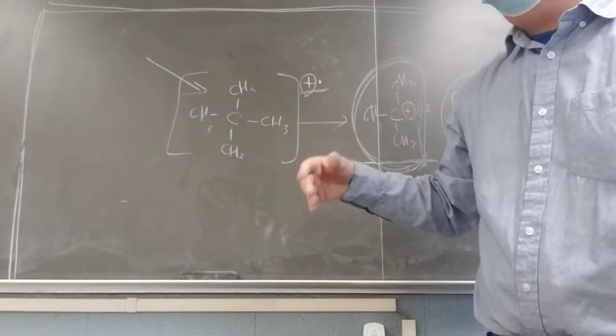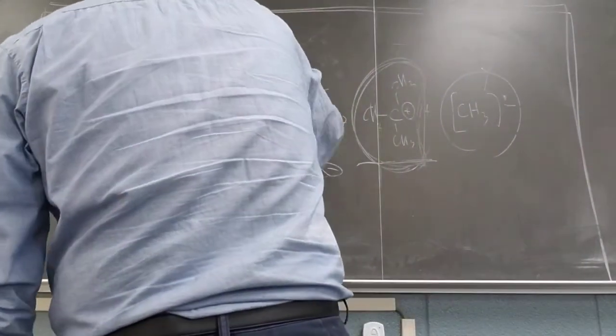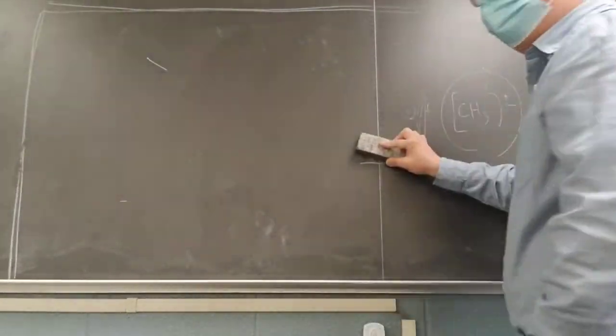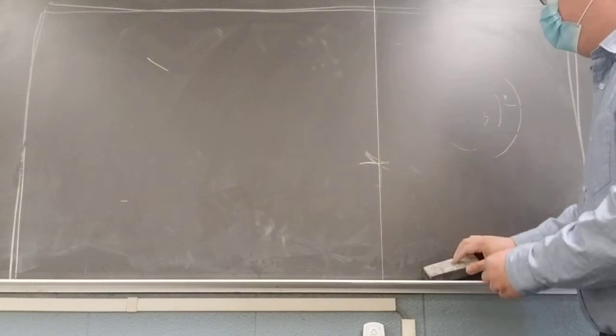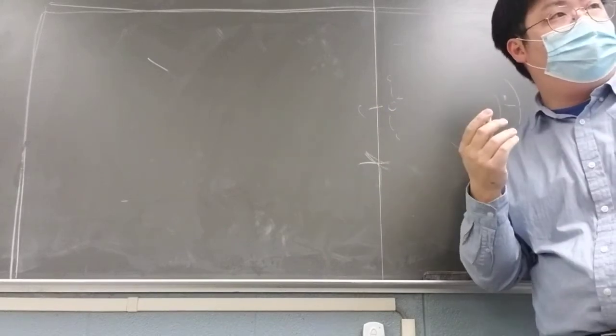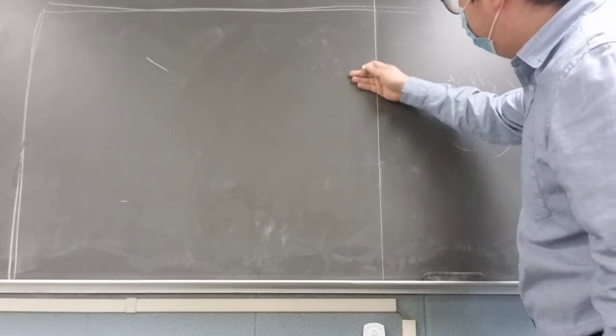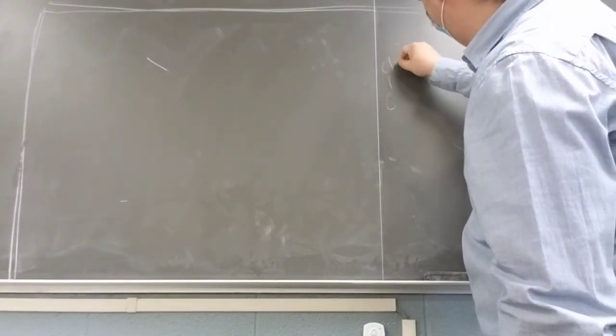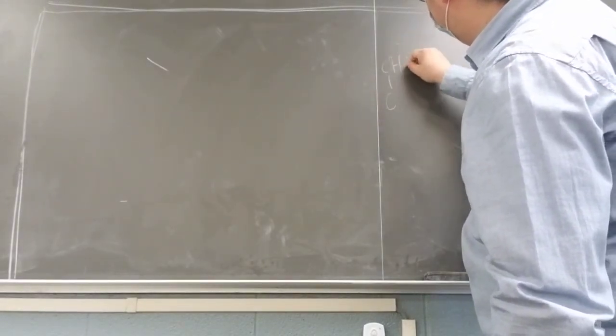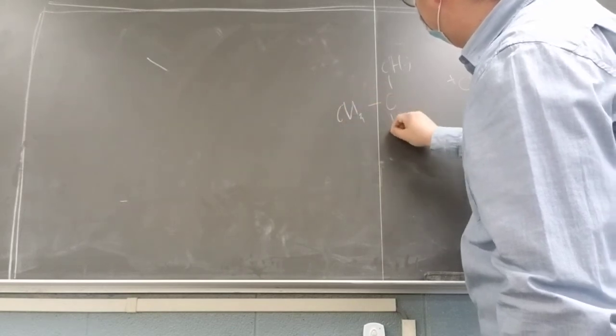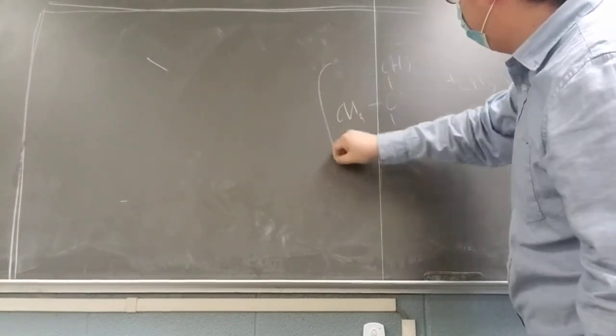For the problem we're going to do over here, okay, makes sense, right? This one is the positive charge because it's more stable. You guys remember carbocation stability, right? So there are just two scenarios.